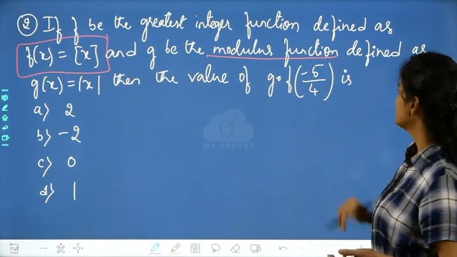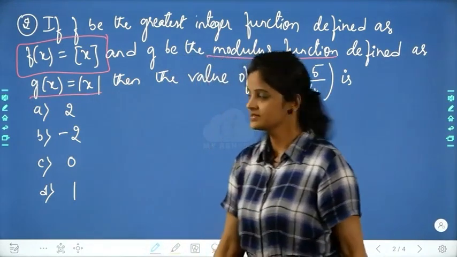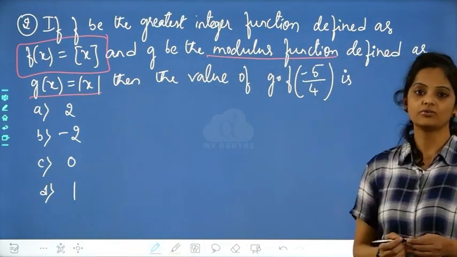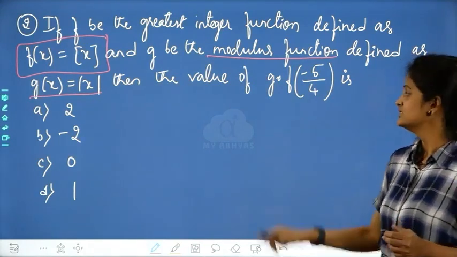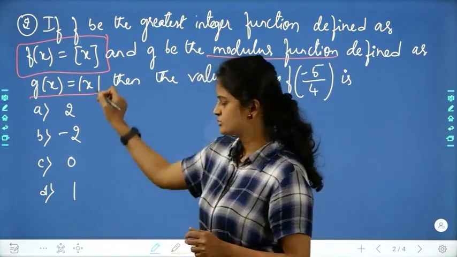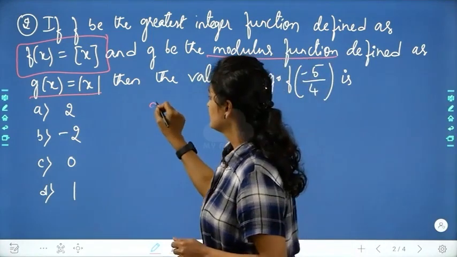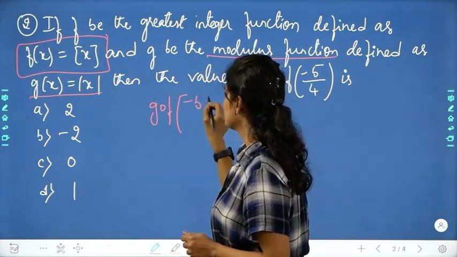So when both functions are defined, I have to find the value of g composition f of minus 5 by 4, and the options are here.